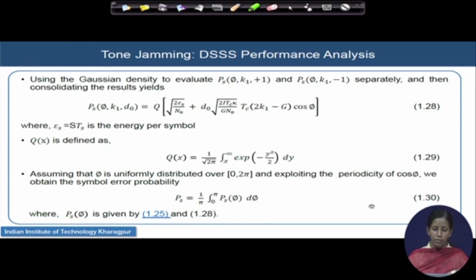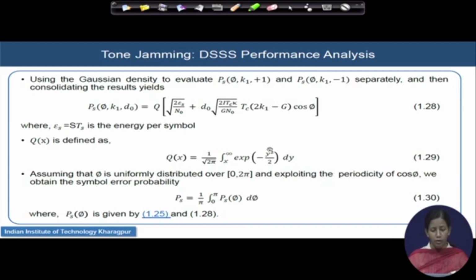Remember, using that Gaussian density to evaluate each of the terms of these conditional error probabilities for transmission of +1 and transmission of -1 will be given by this, where this S is the energy per symbol, which is written as S into Ts, and this Q function has a classical definition given in equation 1.29.